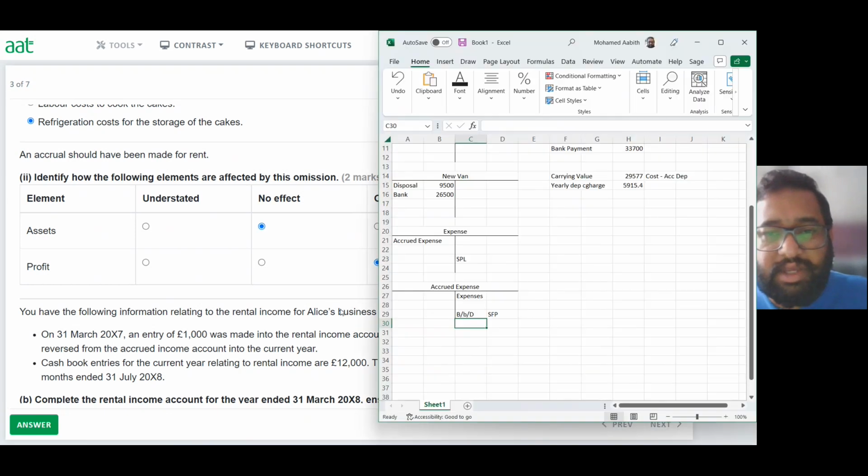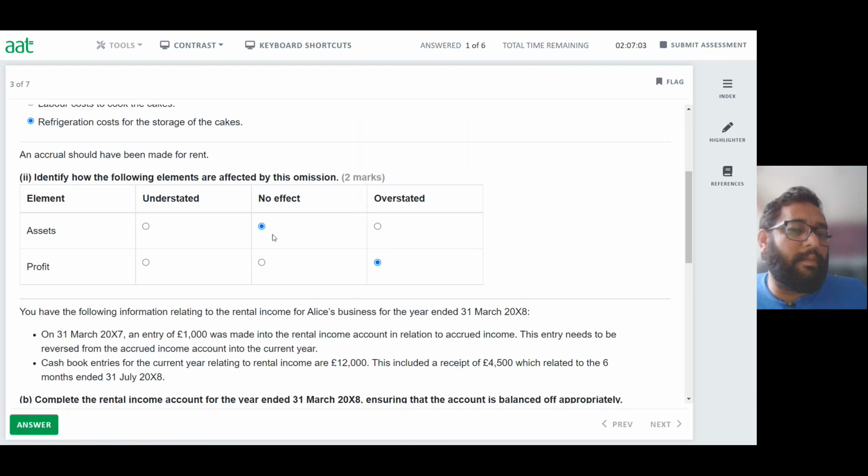Let me check what it says here. Yeah, it will have no effect on the asset accounts, because your accrual account will not have any bearing on them, but it will have bearing on your liabilities, because your liabilities will be understated now.